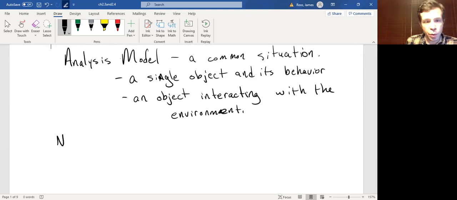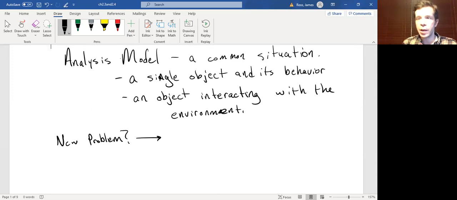If we encounter a new problem, then we want to ask what's important about it and how is it like something we've seen before?